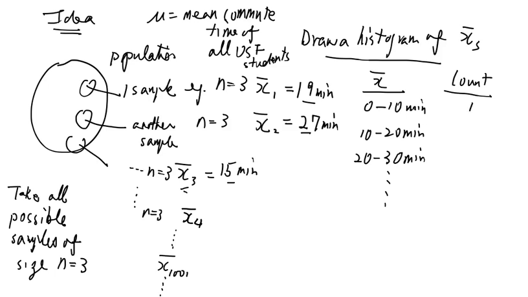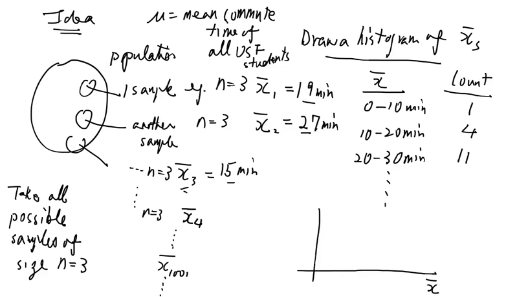Let's say 1. And then you count how many sample means fall within 10 to 20 minutes. Let's say 4. And you keep counting how many sample means fall within 20 to 30 minutes. Let's say this is 11. So once you have this distribution table, then you can do your histogram.